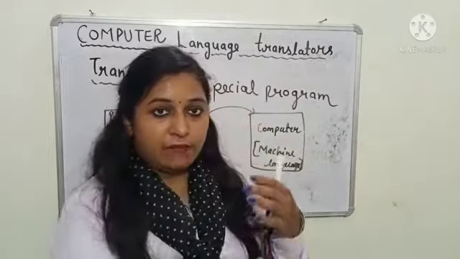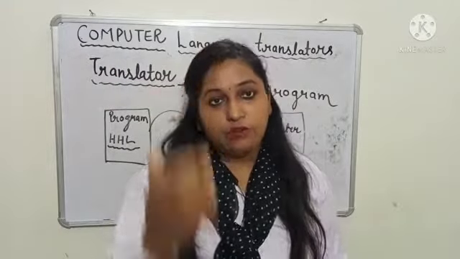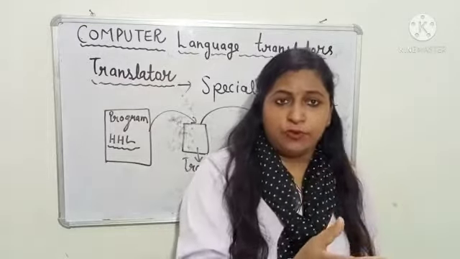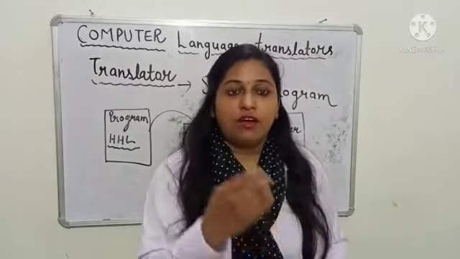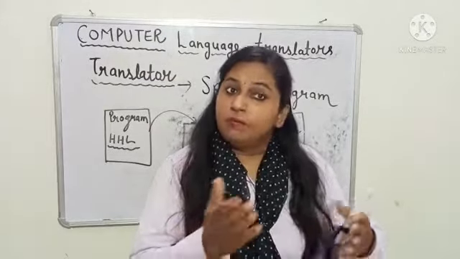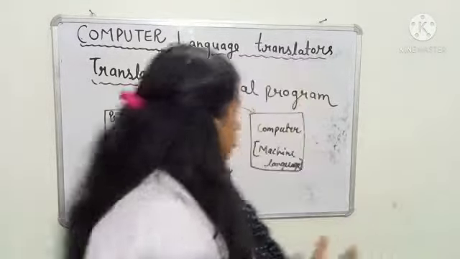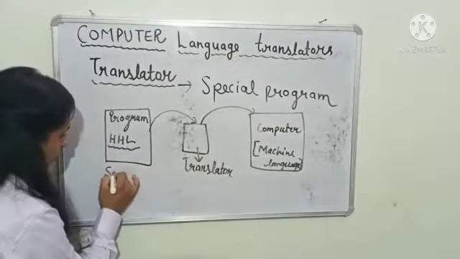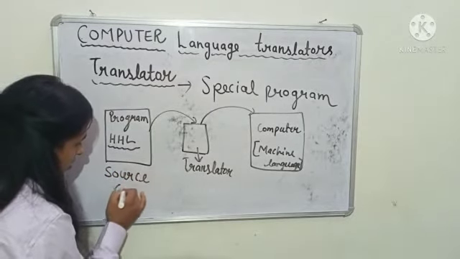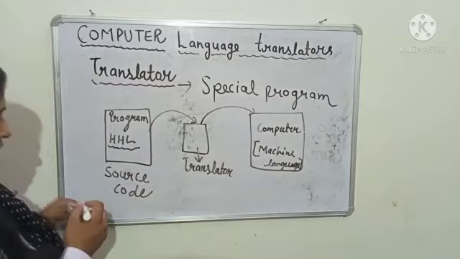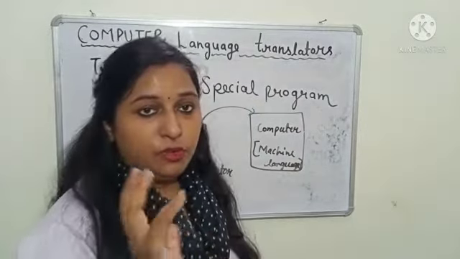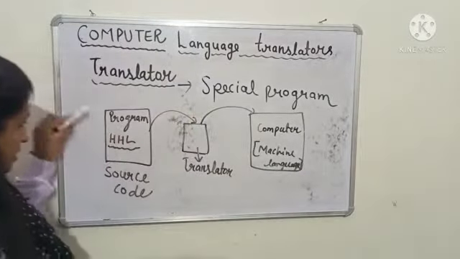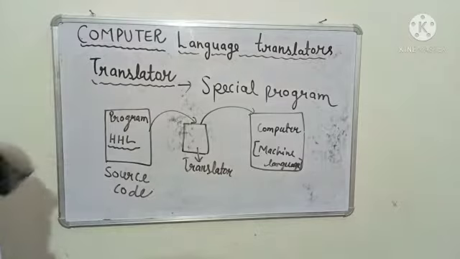If I am talking about the definition of a translator, a translator is a special program designed for converting high level language to machine code, right? So suppose we are writing a program here, this is called the source code. If we want to make software, for software we will write a program, so this is called the source code, right?